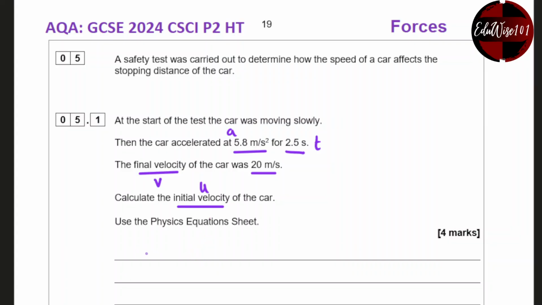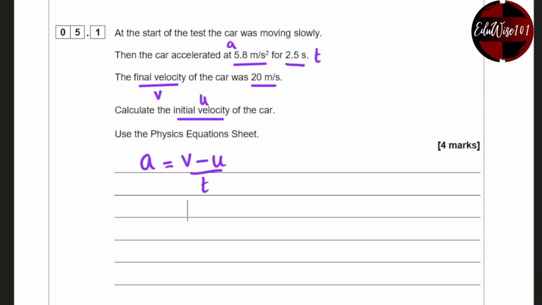Now, the equation sheet will tell you that the acceleration is equal to the final velocity minus the initial velocity divided by the time taken. So, acceleration, let's substitute the values.